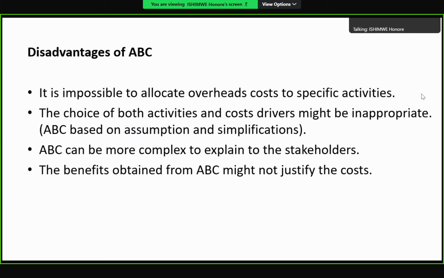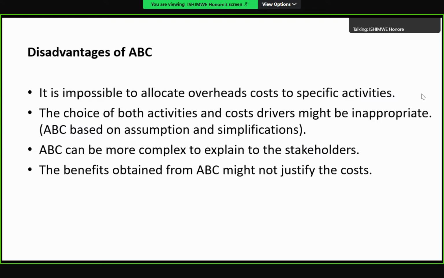Also, the choice of activities and cost drivers, deciding which cost driver is best when you are allocating, might be inappropriate because the choice is based on assumptions and sometimes involves simplifications. So it might be inappropriate. That is the disadvantage.